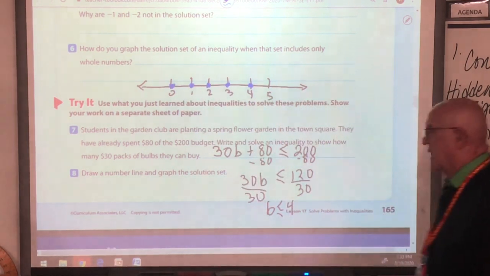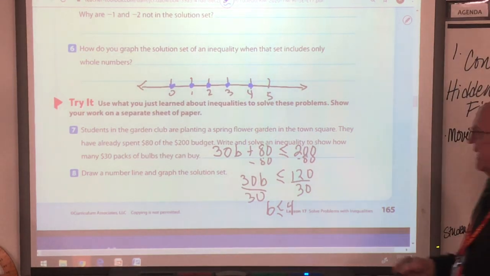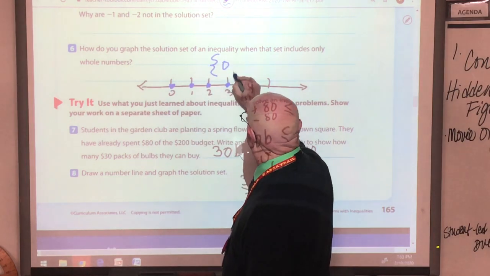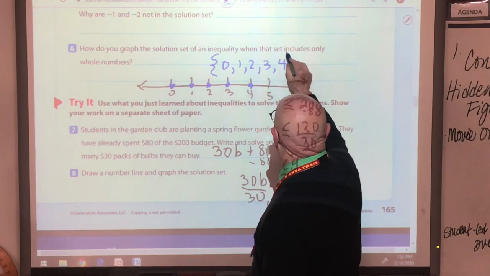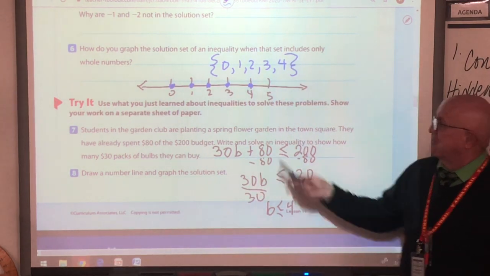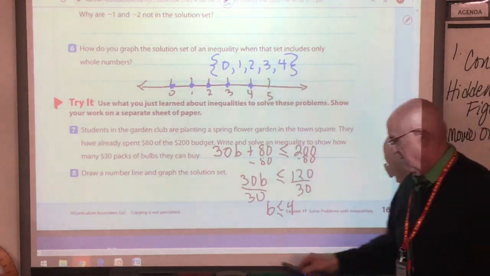So they could buy 0, 1, 2, 3, 4, or 5. And if we were going to draw that solution set out, it would be 0, 1, 2, 3, and 4. And that would be read as the set consisting of 0, 1, 2, 3, 4.